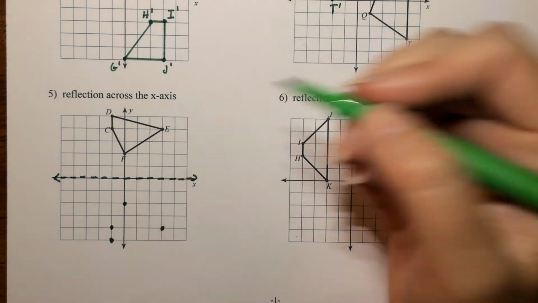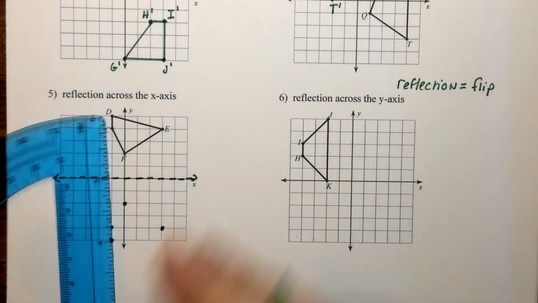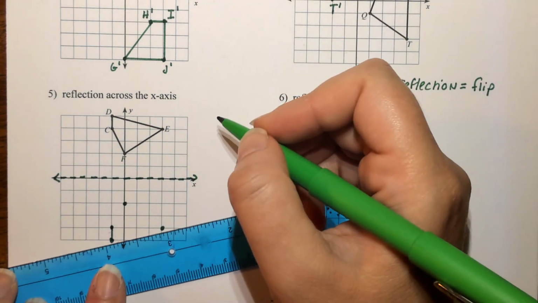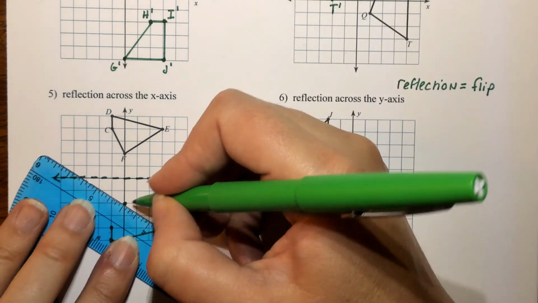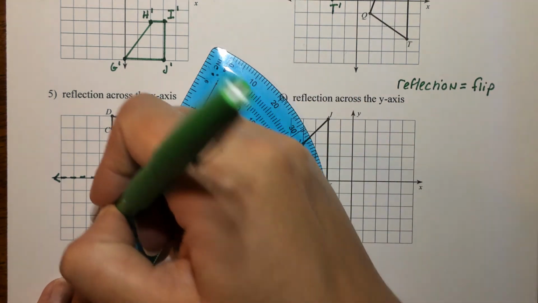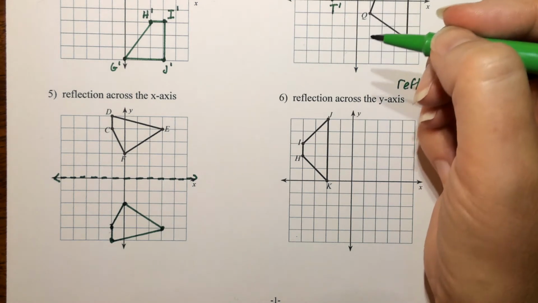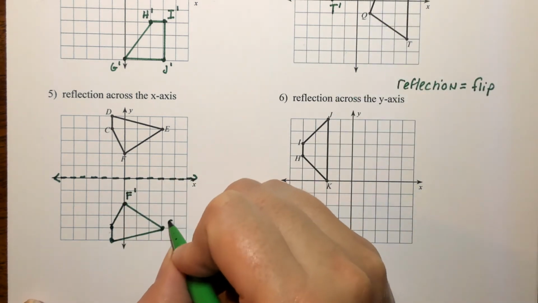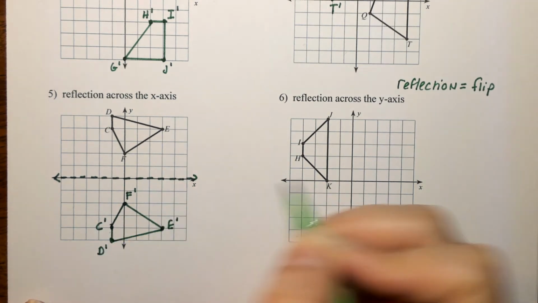And you want to make sure that they stay lined up. And then you should have that flip across the x-axis. F prime, E prime, C prime, D prime.